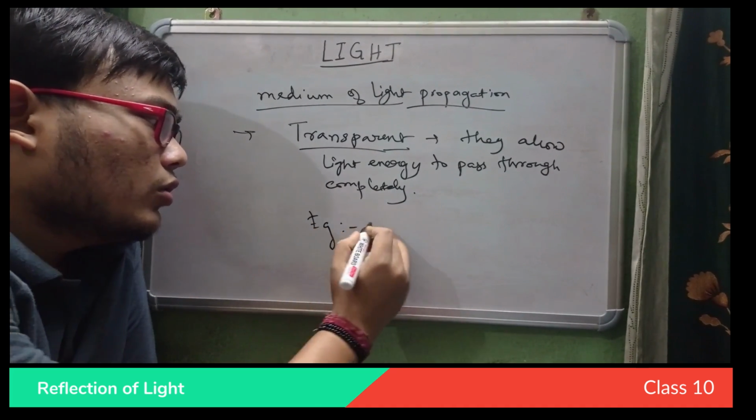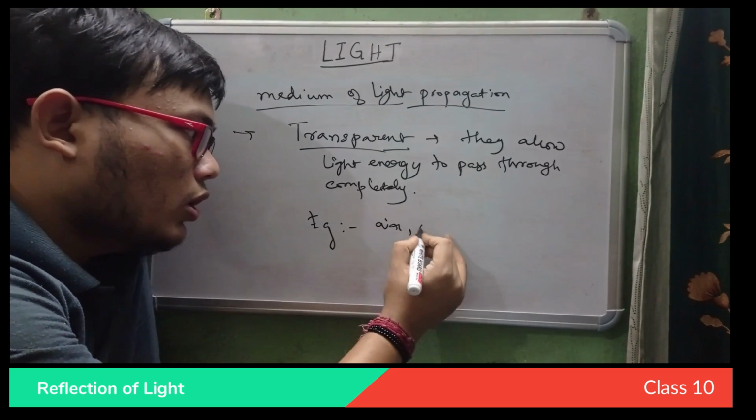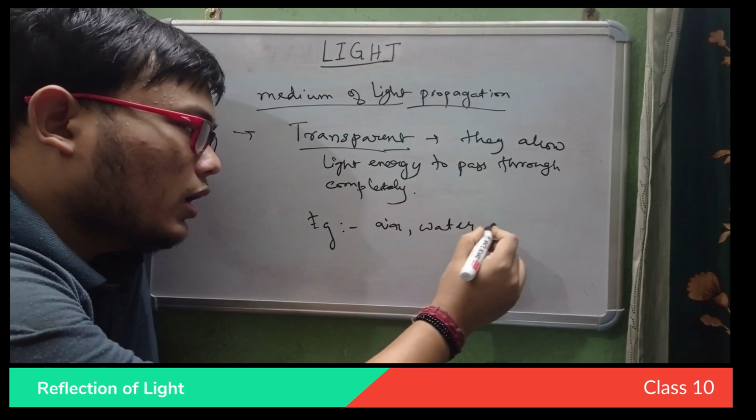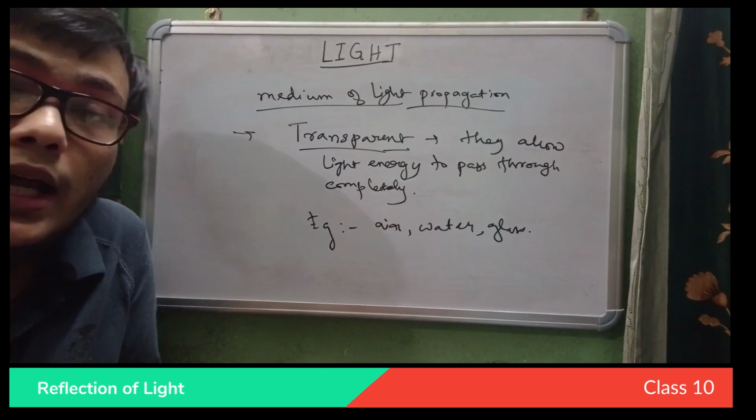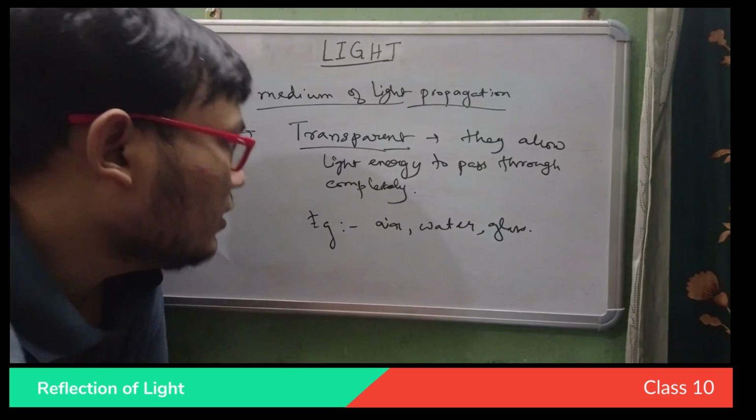Examples are air, water, glass, and so on. These objects allow light energy to pass through them completely.